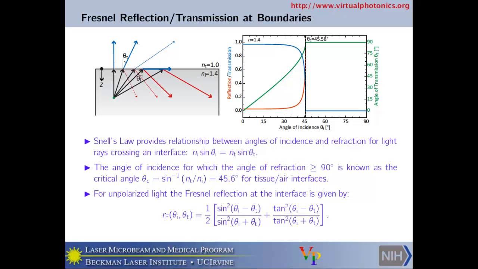Above the critical angle, you get nothing transmitted, and of course, this angle of transmission is 90 degrees because it's just frustrated along the surface. So this is also a fairly well-known result from optics. Okay? So the question is, how do we handle this mathematically?